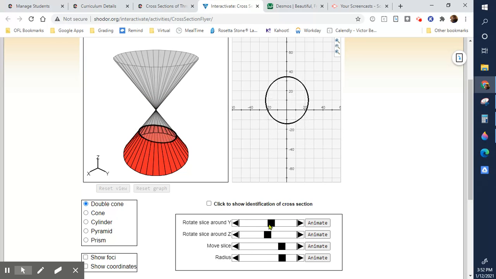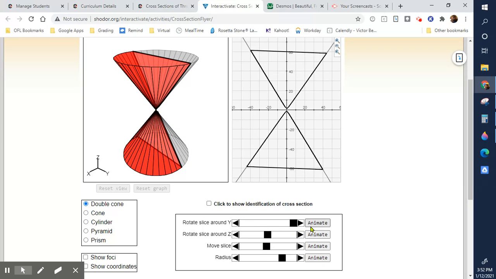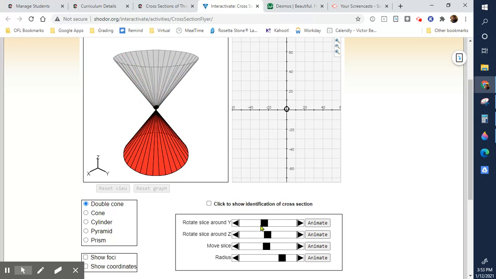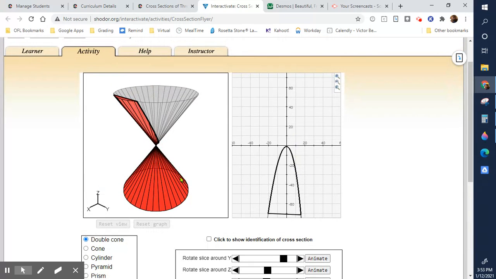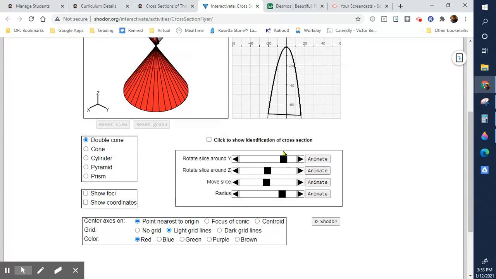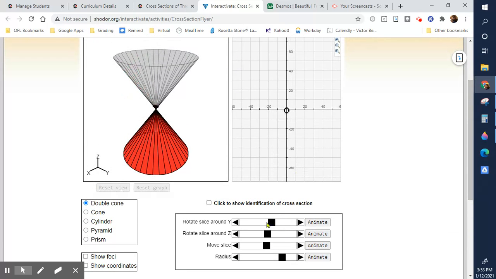I want to change the angle, and we want it greater. So what happens is it is going through the tip. We see that here. Let me see if I can rotate this a little bit. Okay, so this is not touching the tip quite yet.